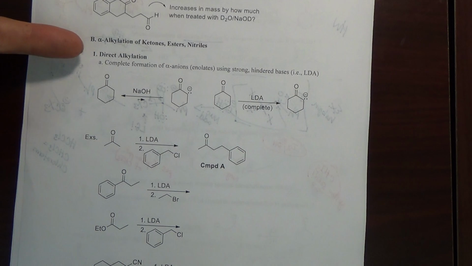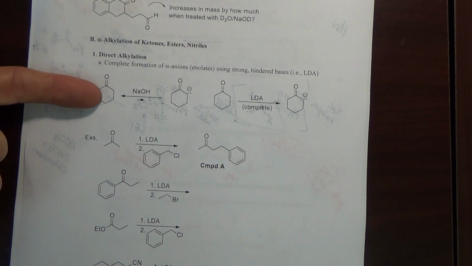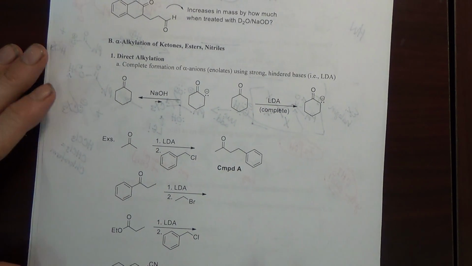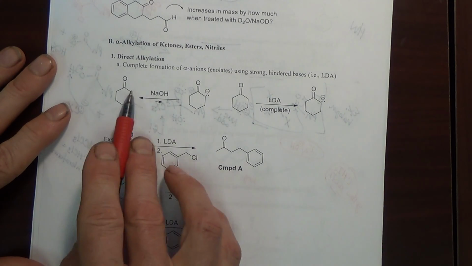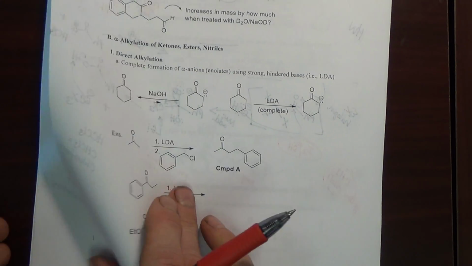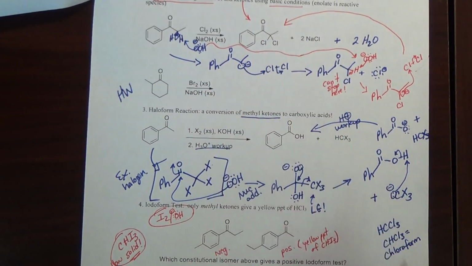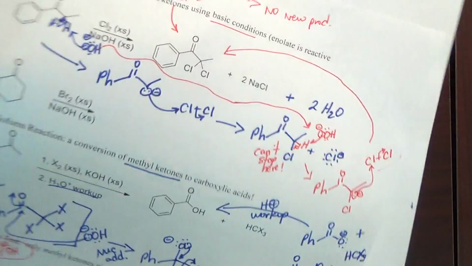Then we'll get into alpha alkylation, putting an alkyl group at the alpha position. So really we're going to be making a carbon-carbon bond here as opposed to a carbon-halogen bond. Very important chemistry here. We'll pick up there in the next video.